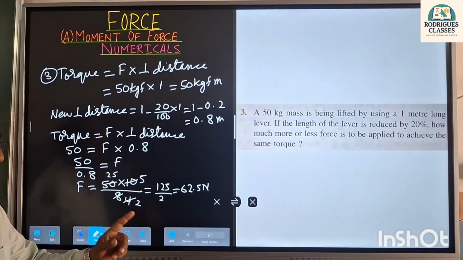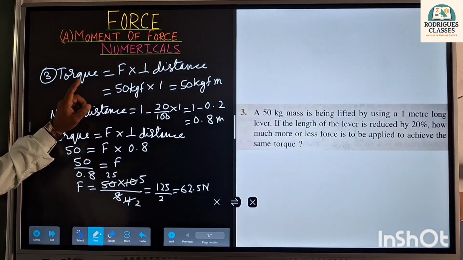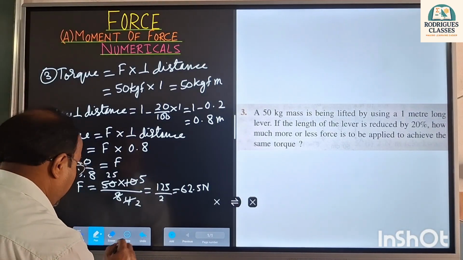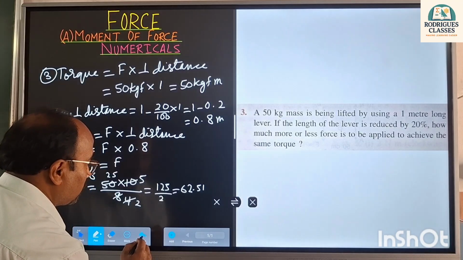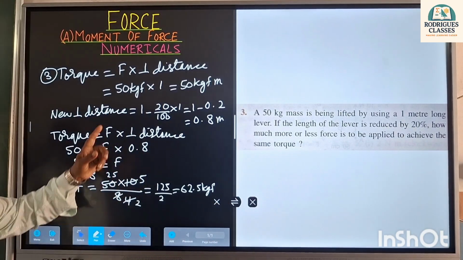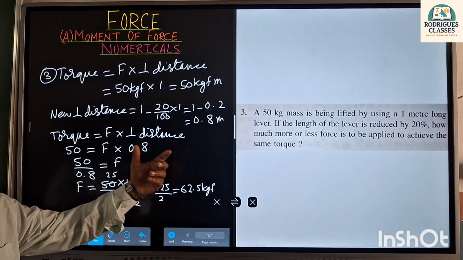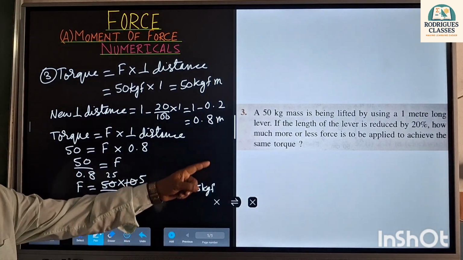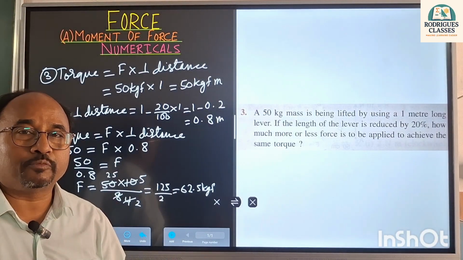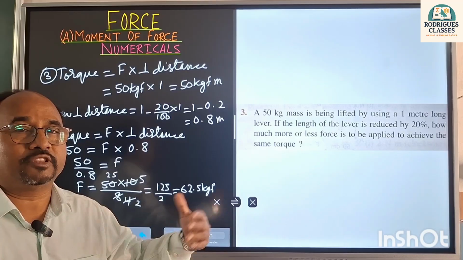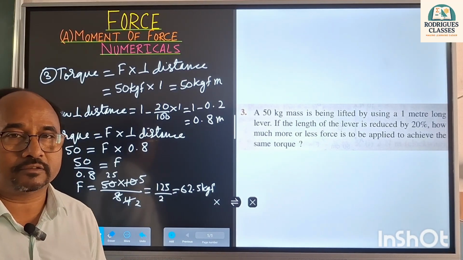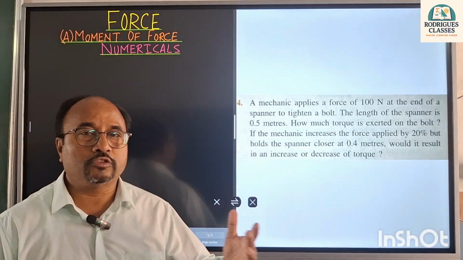So you can see that the earlier force was 50, and I should change the unit here as kgf. So earlier force was 50 kgf, now it has to be increased, and the new force required will be 62.5 kgf. I hope you have understood how, when two quantities are related and the product remains the same, and one is changed, you find the other one by this. So now we come to the fourth numerical.